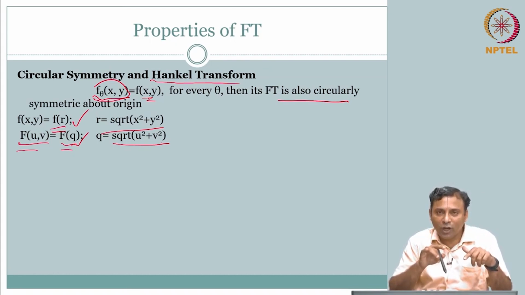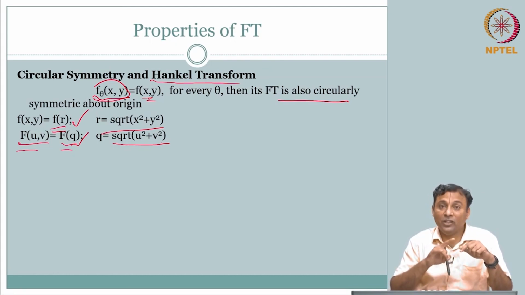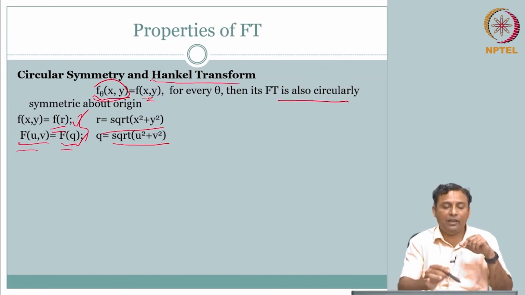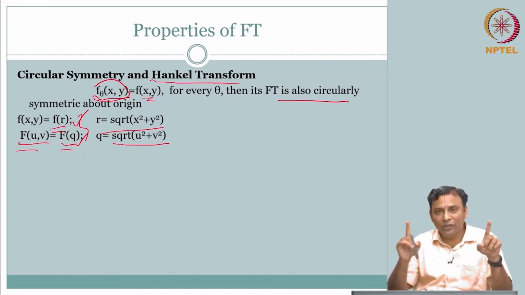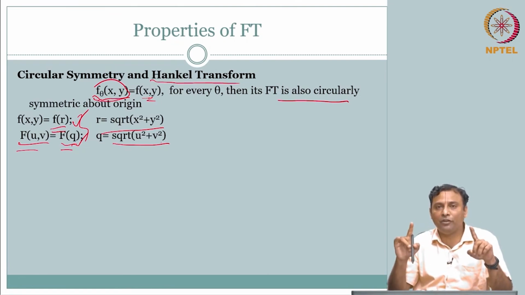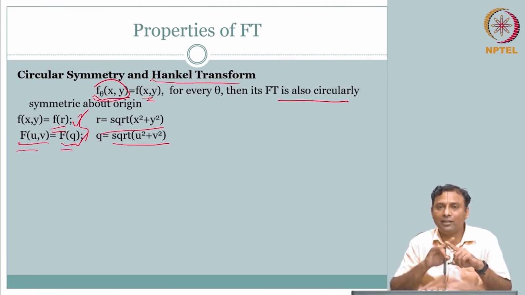But what is not said here, what is not taken for granted, what you should not get confused about, is that we have not really related f of r and capital F of q. We know the 2 dimensions are related, right. The 2 dimensions of f of x comma y and capital F of u comma v are related by Fourier transform.